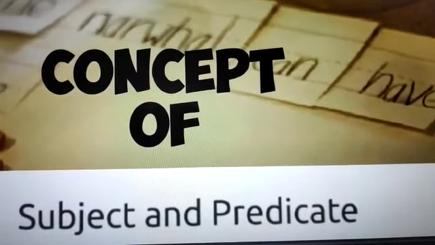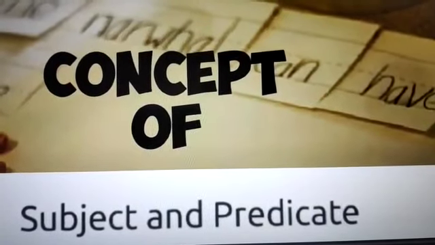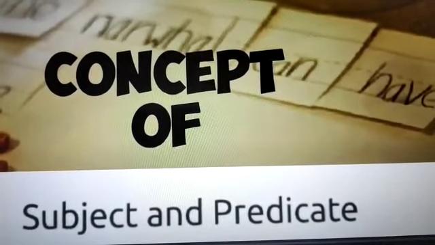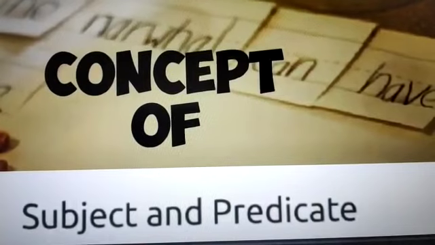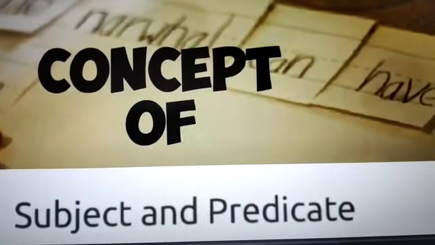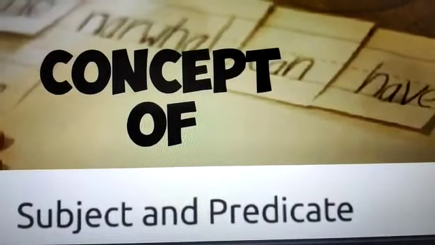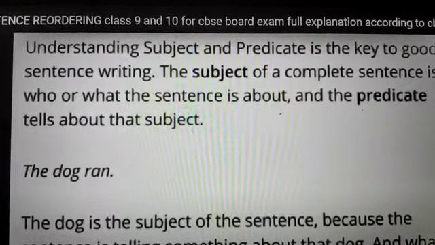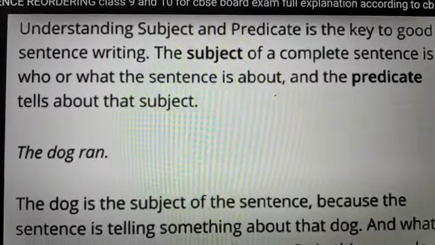In the predicate part there would be the verb plus helping verb. The part that contains the helping verb and the verb is known as the predicate, because the predicate depicts the action and the subject does that action. So understanding subject and predicate is the key to good sentence writing.